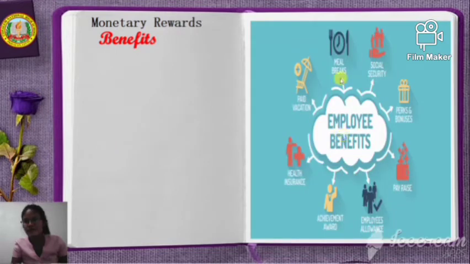You can have free breakfasts, social security, the SSS, the employee allowance, insurance, vacation pay. These are some of the benefits that an employee might get in a company. So indirect, not given directly, the money that will not be given right away to the employee from the employer, from the company.